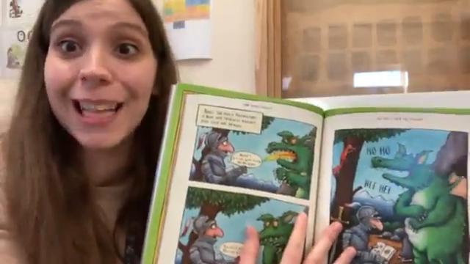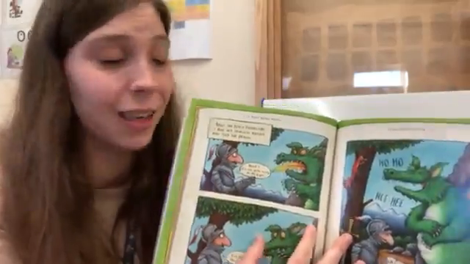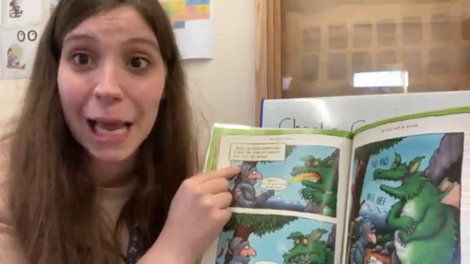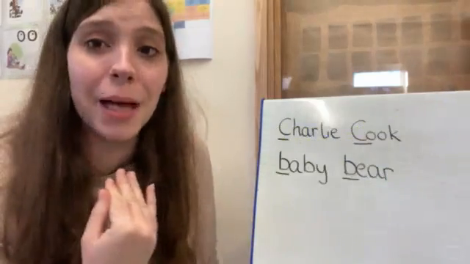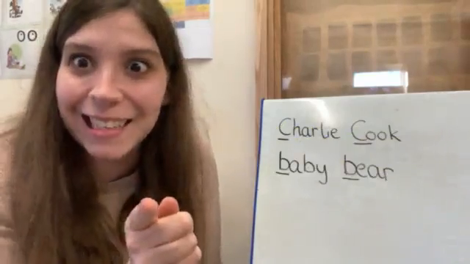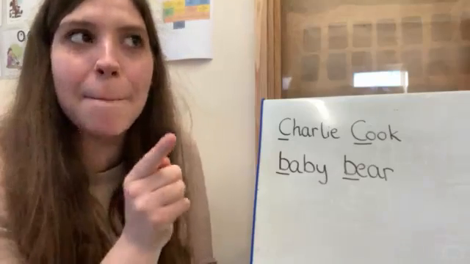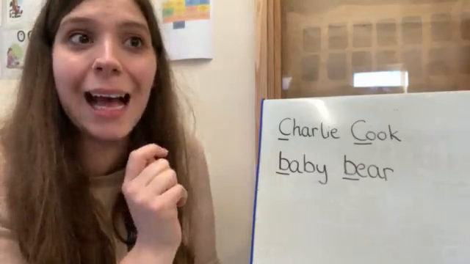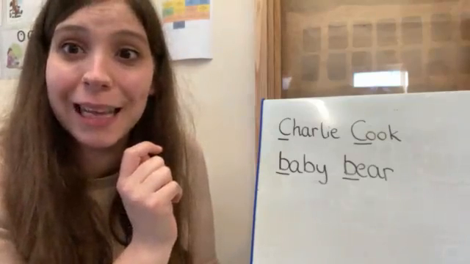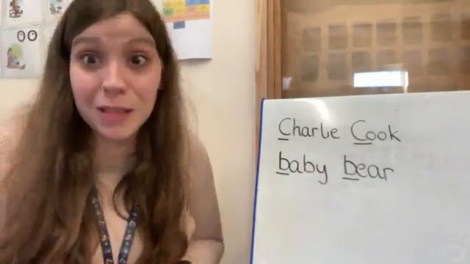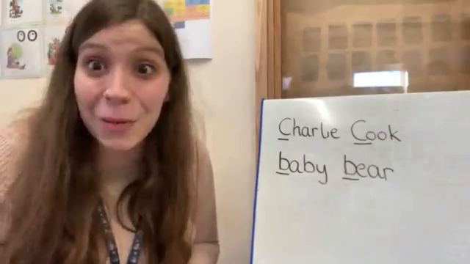Already on the next page, there is some more alliteration. The knight in this story is called Sir Percy Pilkington. Percy Pilkington. That is alliteration, isn't it? Because Percy begins with a P and Pilkington begins with a P. So if I write that down, they will start with the same letter, won't they?